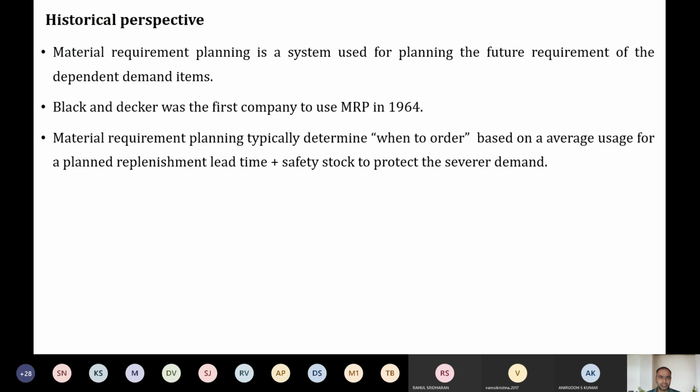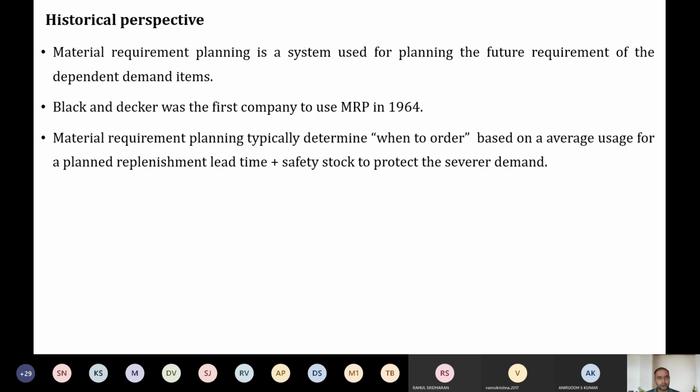So what is this material requirement planning? It's a very simple concept. As the name indicates, it's called material requirement planning. As a basic example, imagine you have completed 12th class and are going to join VIT, or it's the beginning of a new semester.